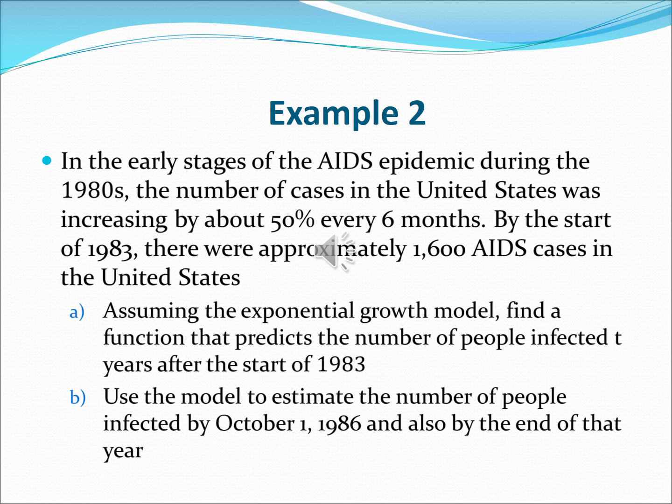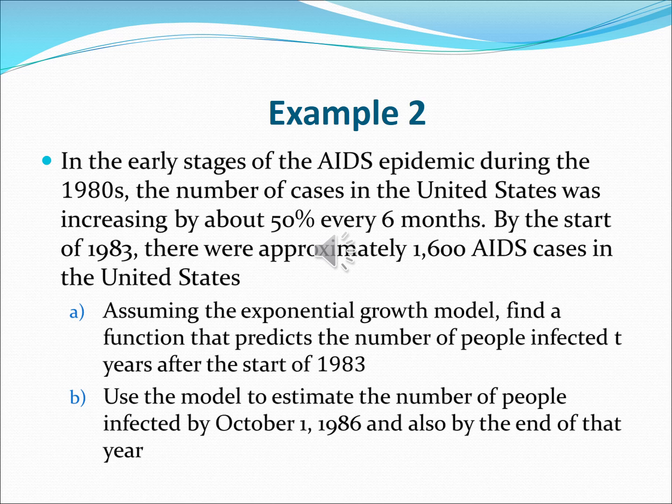Example 2. In the early stages of the AIDS epidemic during the 1980s, the number of cases in the United States was increasing by about 50% every 6 months. By the start of 1983, there were approximately 1,600 AIDS cases in the United States.